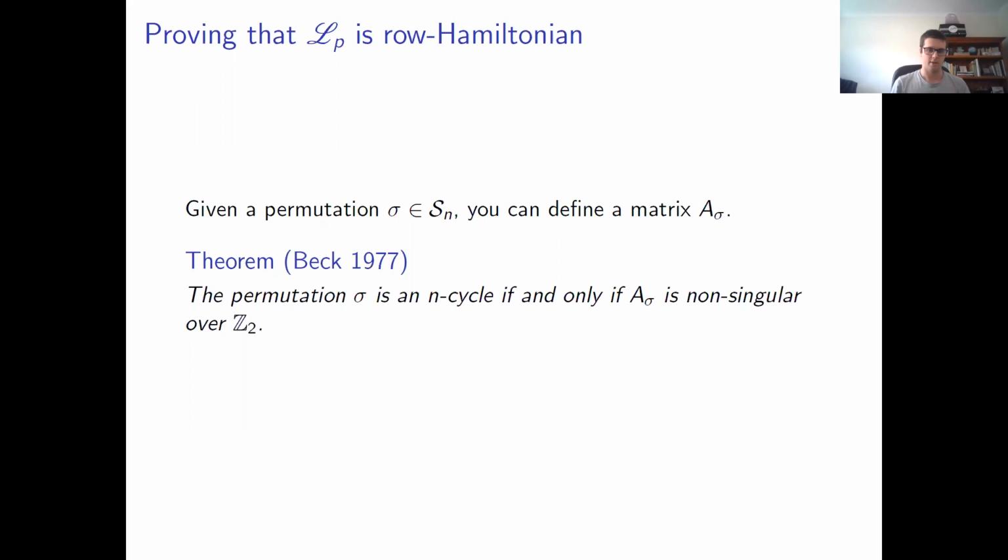The definition of this matrix is a bit technical, so I won't define it, but Beck showed that the permutation is an n-cycle if and only if A_sigma is non-singular over Z_2. And I'll refer to the matrix A_sigma, where sigma is the row permutation R_01 of L_p, as A_p.